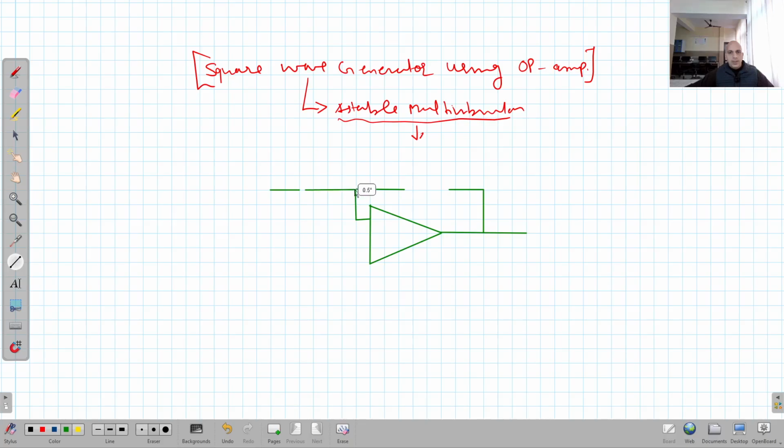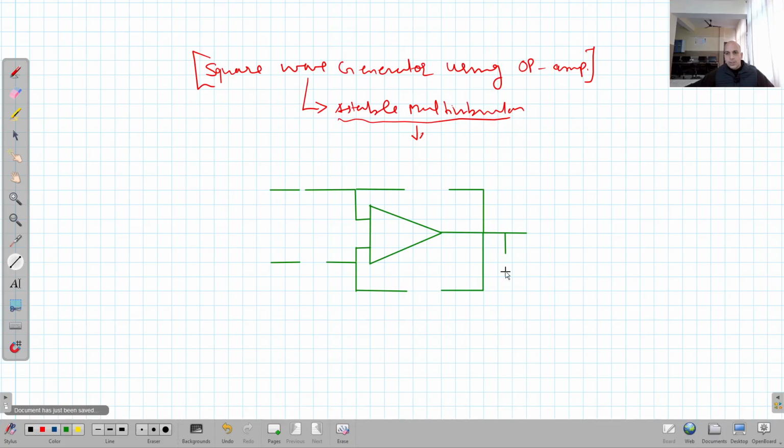This is for the capacitor. This is the circuit.